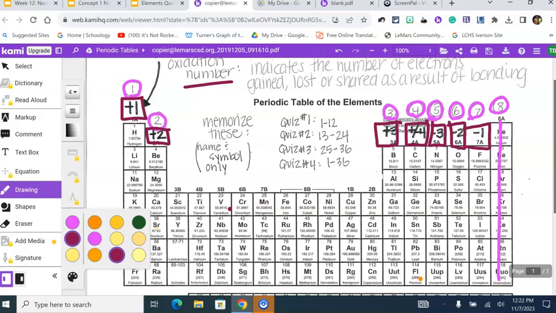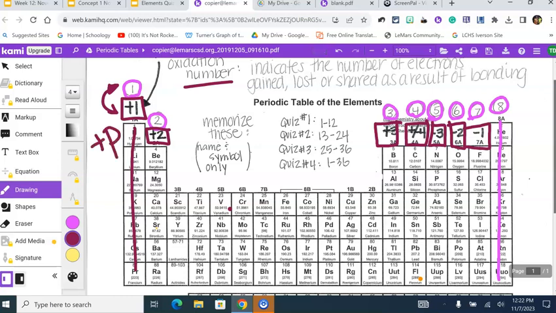Now, if it is a positive, that basically means that it is going to give up its electrons. These 2 numbers, if you know that the top number is the valence electrons and that the bottom number is the oxidation number, what you will learn is this whole family is going to give up its electron. And when they give up its electron, they now have more protons.